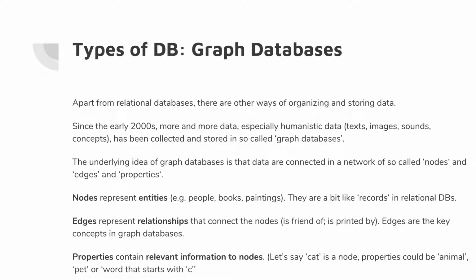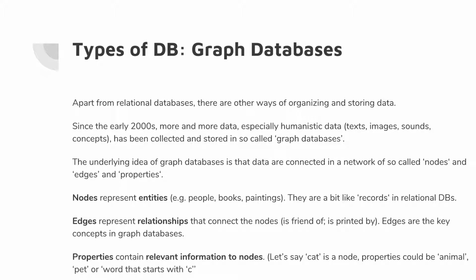There's numbers of pets, and cats are commonly pets. But it could also be something like a word that starts with C. So you see that the properties are of very many kinds and facets, and not necessarily something you would be able to put easily in a relational database.